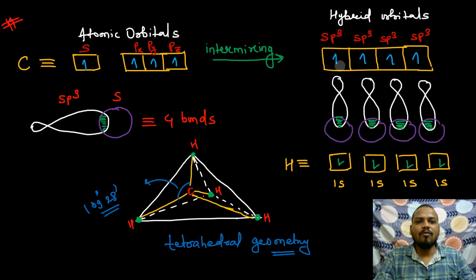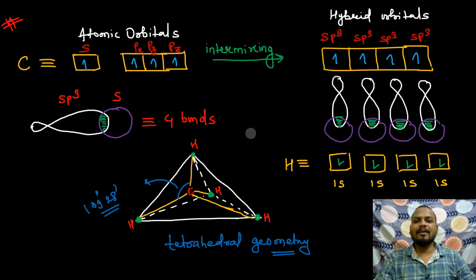Therefore, the name of one hybrid orbital is the sp3 hybrid orbital. In this case, we see that four bonds are formed from s and sp3 overlapping, which are equivalent and have the same energy.